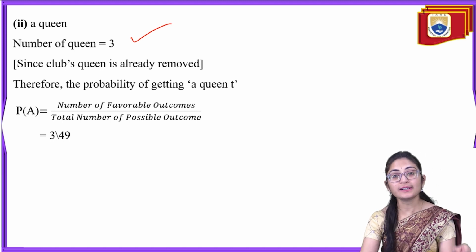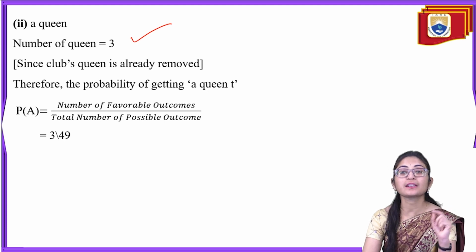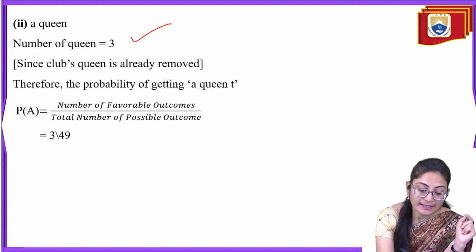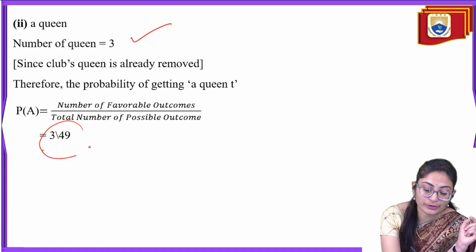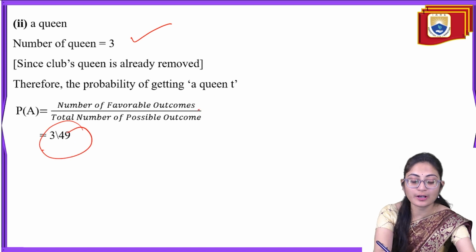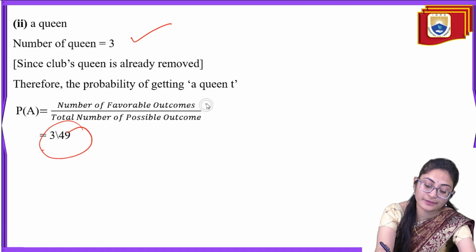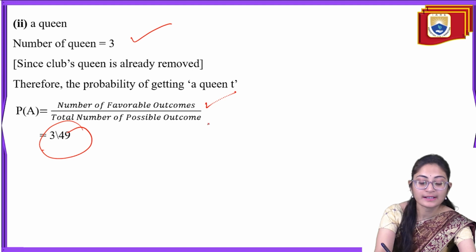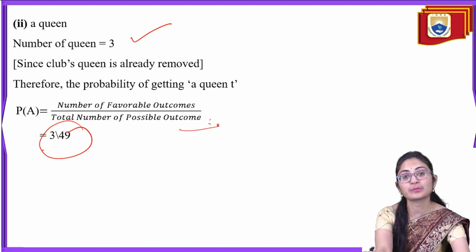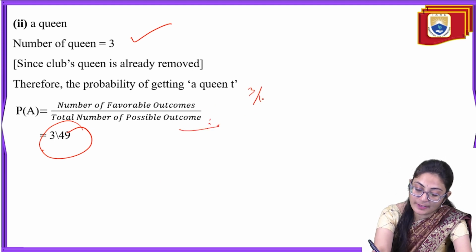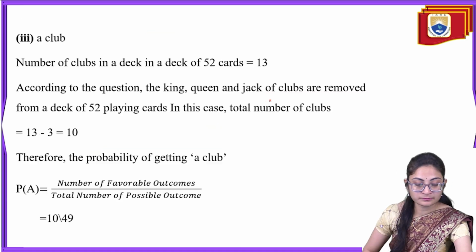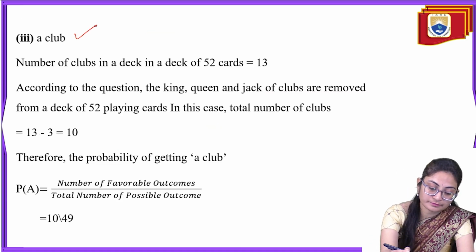here the probability of getting a queen is 3 by 49. Again same, our formula will be probability of A is equal to number of favorable outcomes divided by the total number of possible outcomes. That is 3 by 49. Now club.